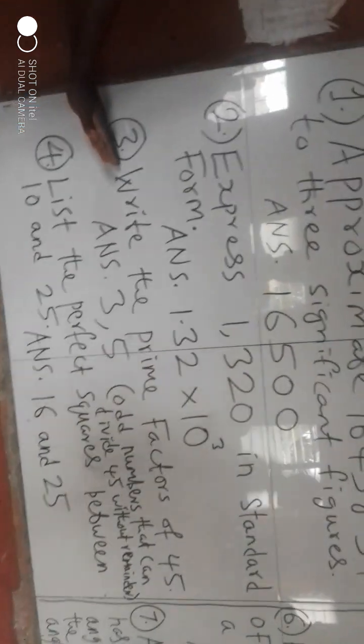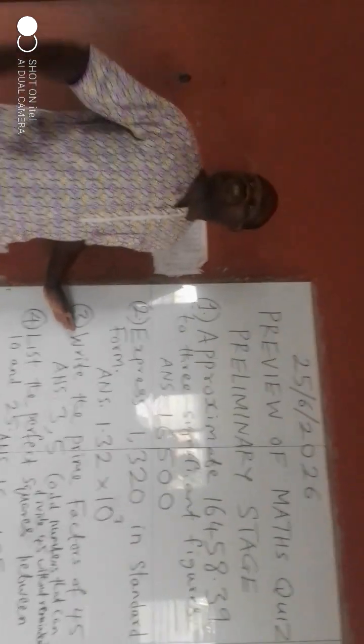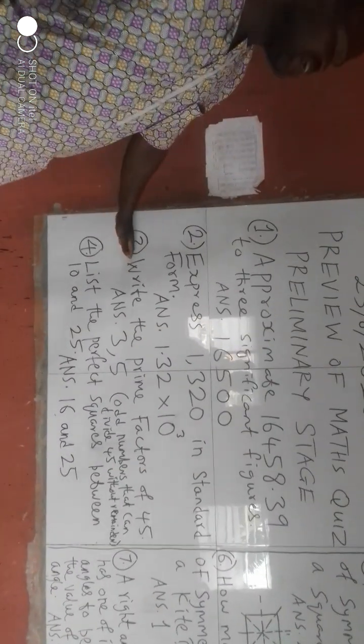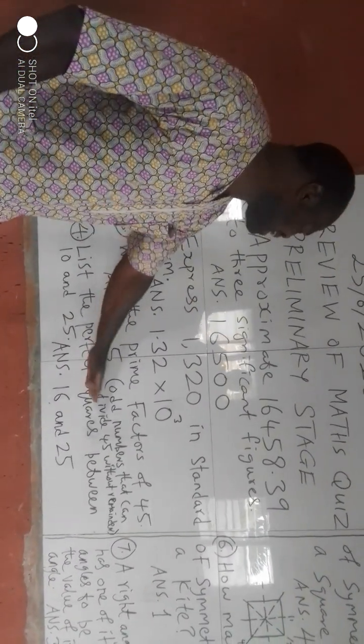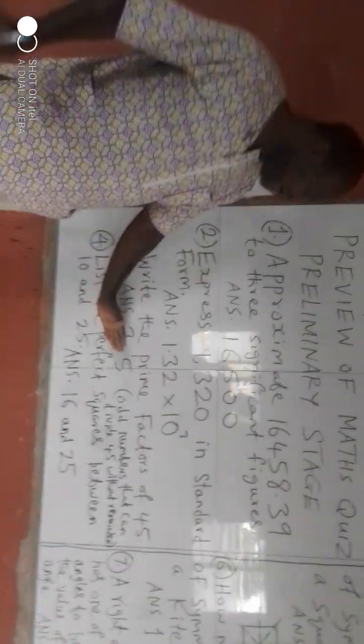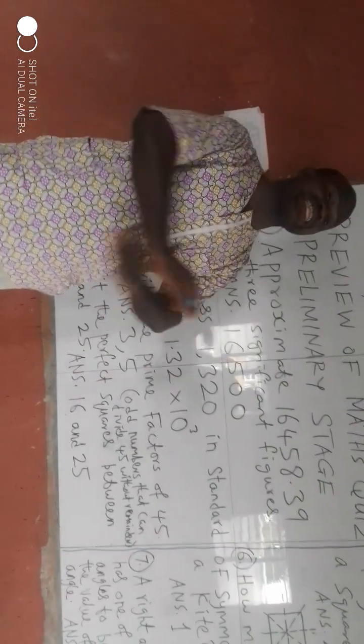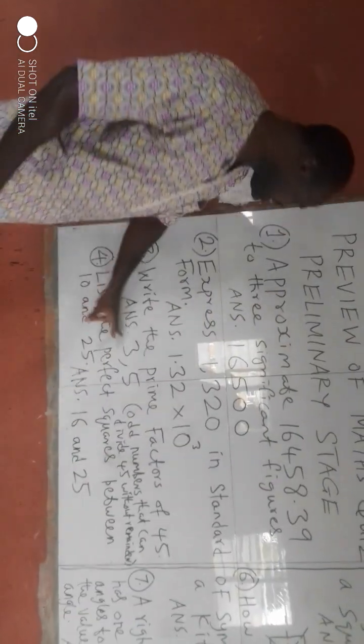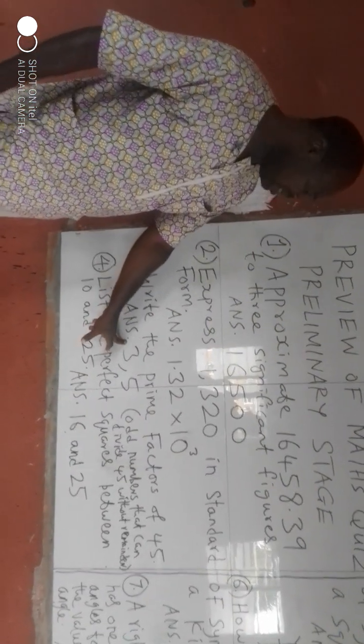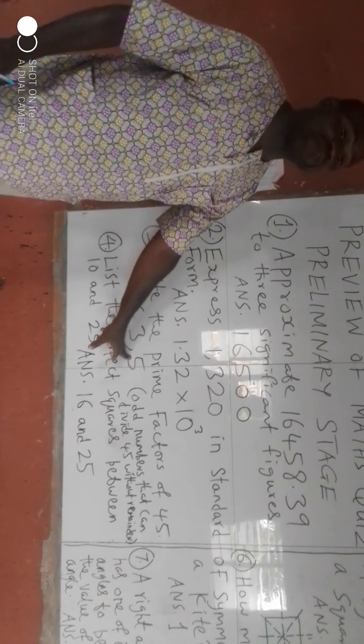Number 3. Now, we have to find the prime factors of 45. Prime factors of 45 means all numbers that can divide 45 without any remainder. 3 can go into 45, then 5 can go into 45.